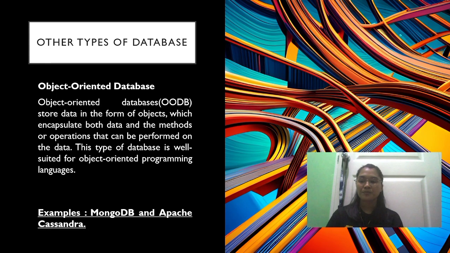The MongoDB database is an open source NoSQL database management system. It is a non-relational document database that provides support for JSON-like storage.